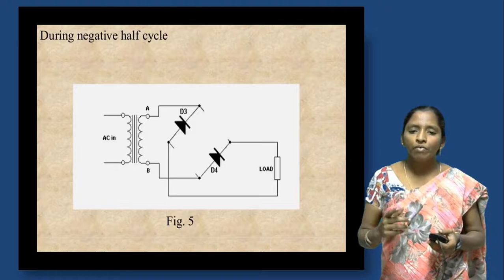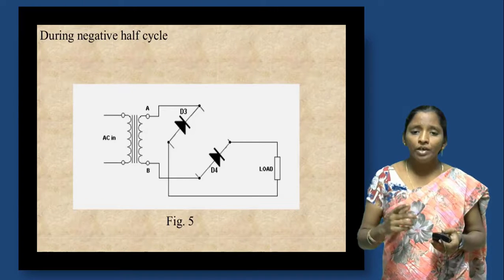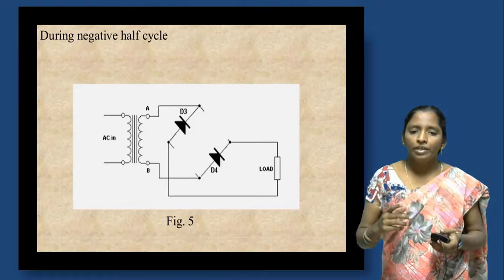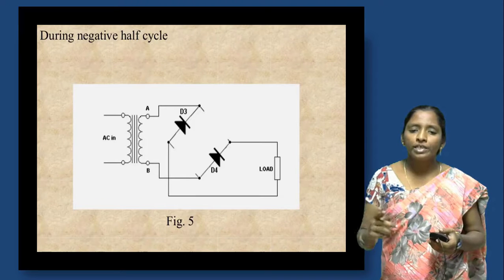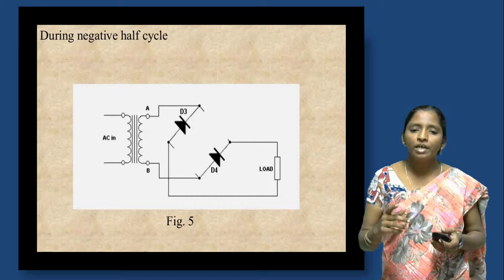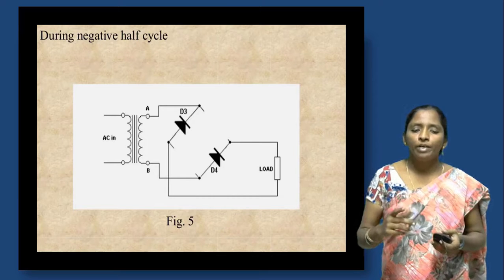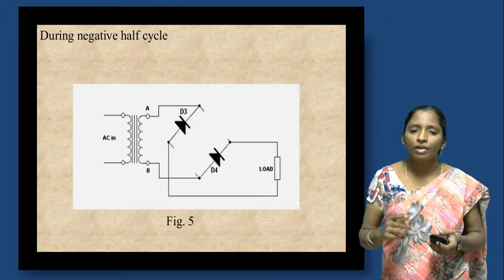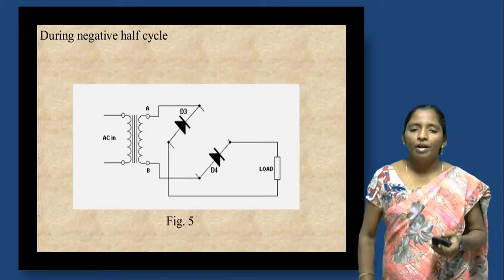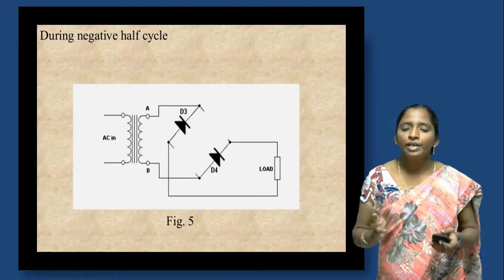So the current flows from B to D3, to the load resistor, and from the load resistor to D4 and to the A point of the transformer. This is the direction of the current flow in the bridge rectifier during the negative half cycle.